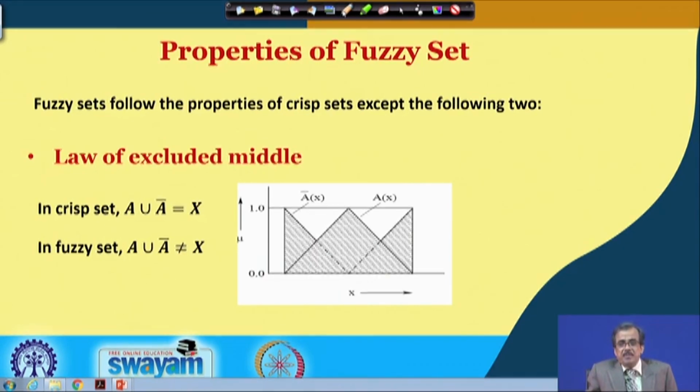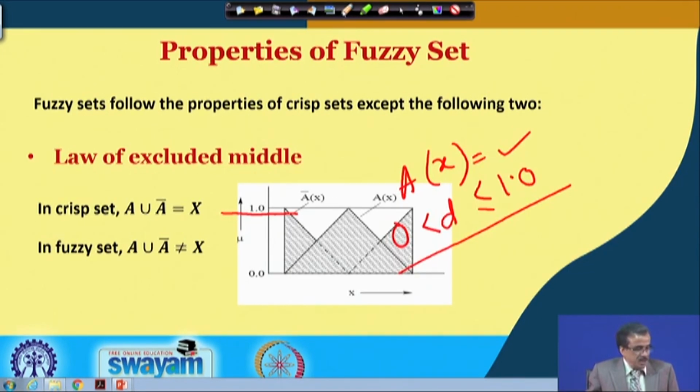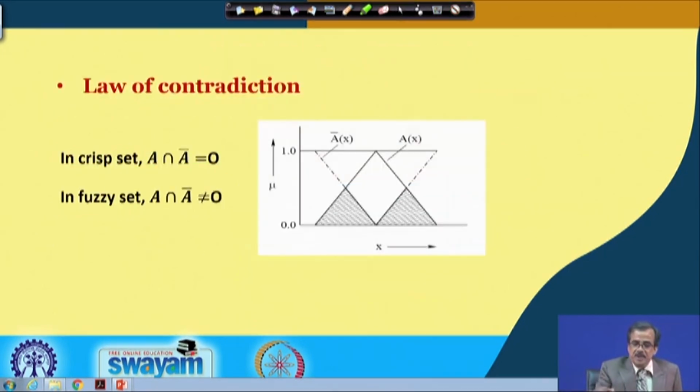Now, fuzzy sets can follow the first 8 properties out of the 10, but the last 2 properties of the crisp set are not followed by fuzzy sets, and those are the law of excluded middle and then the law of contradiction.